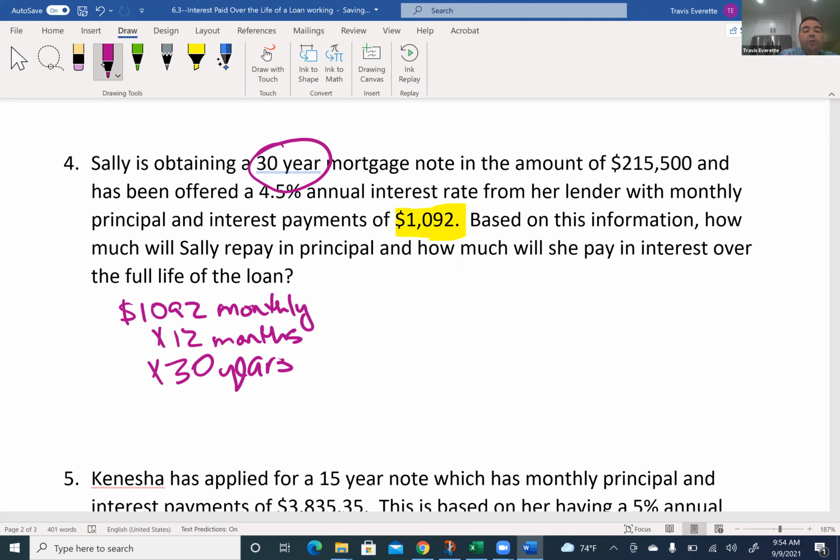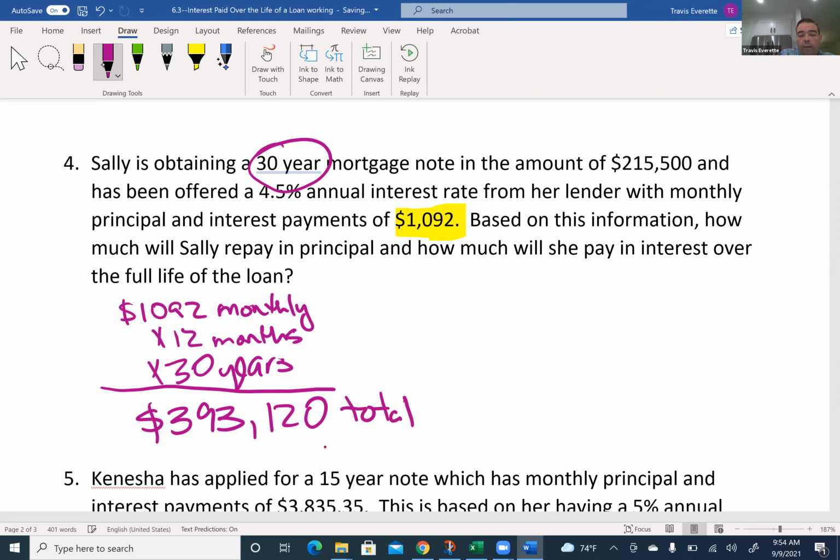Now, if you would rather do the times 12 and get the annual amount and then times 30, that's fine. It's going to be the same answer either way. $1,092 times 12 months a year times 30 years equals $393,120 in total repayment. So that's the grand total of all the repayment on that thing.